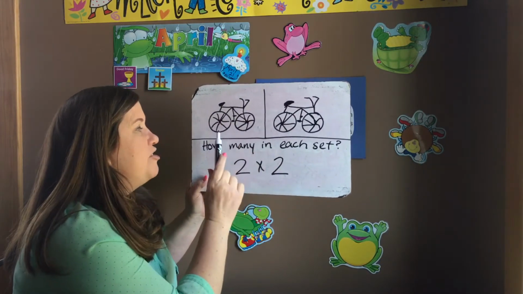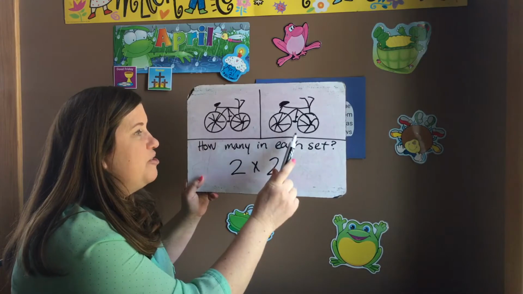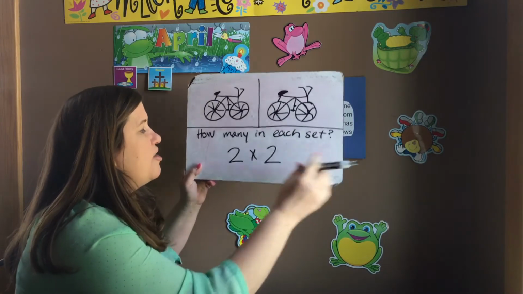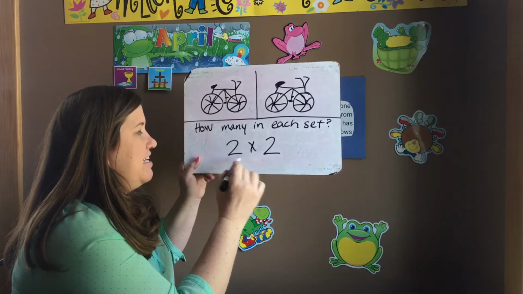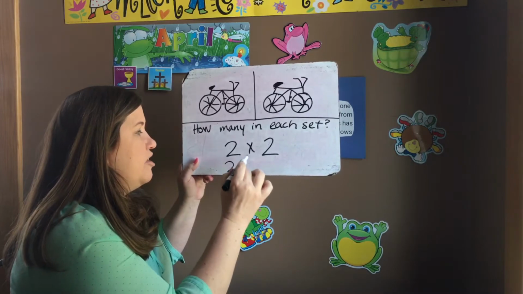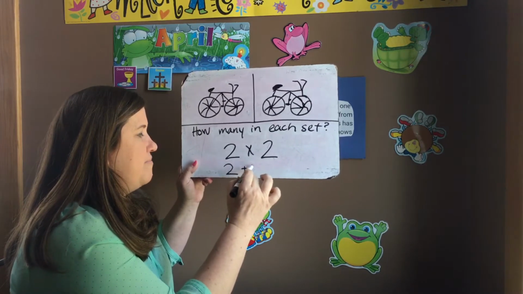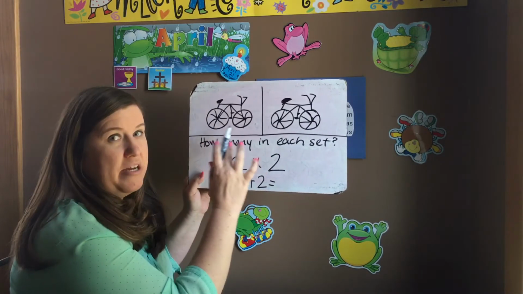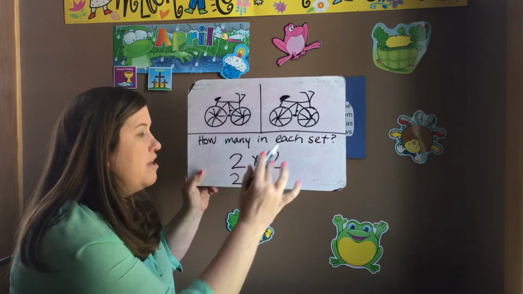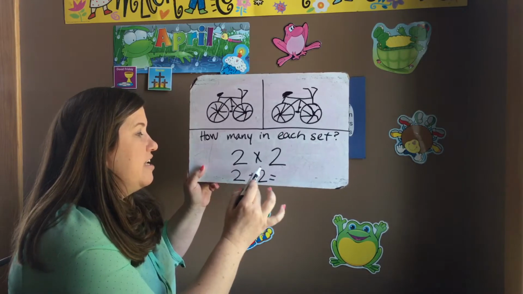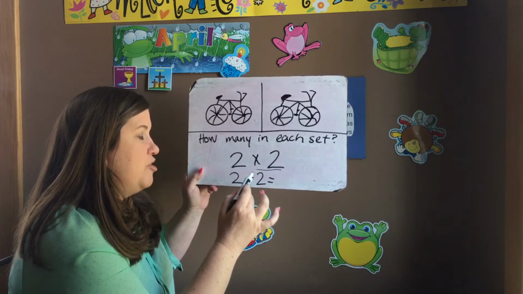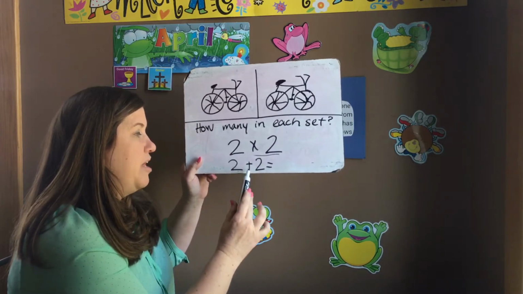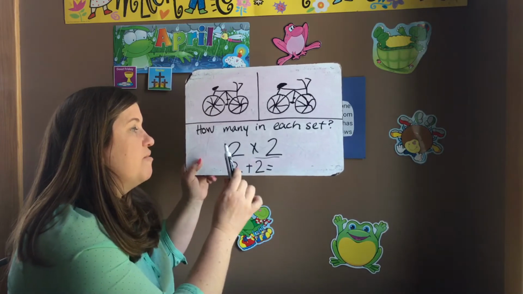So if we have 2 tires here and 2 tires here, we're just adding 2 two times. So how many tires do we have? We could go up here and count 1, 2, 3, 4. Or we could just think 2 times 2, which is 2 plus 2, that would equal 4.